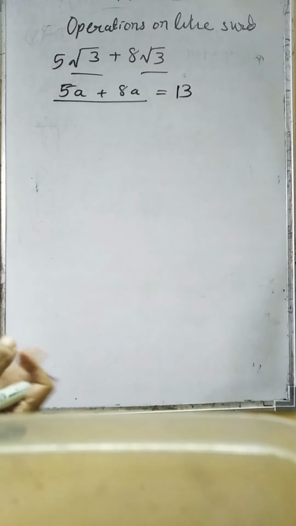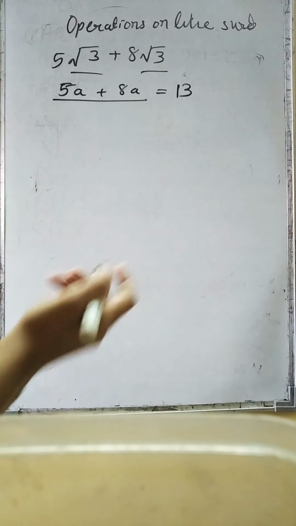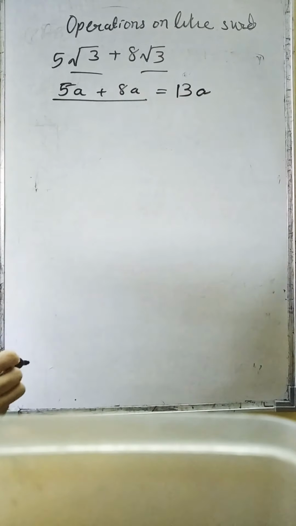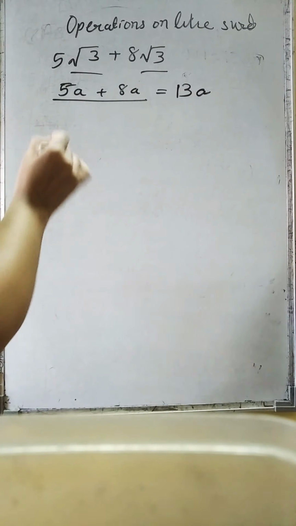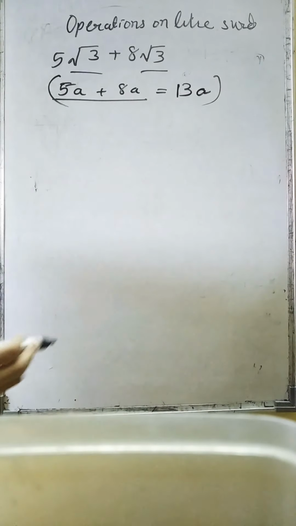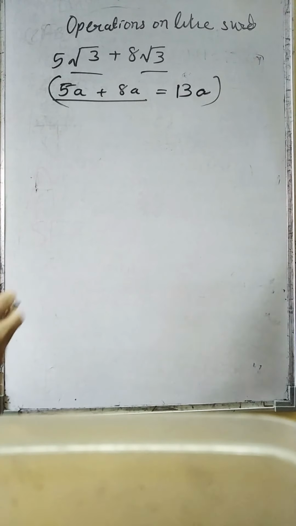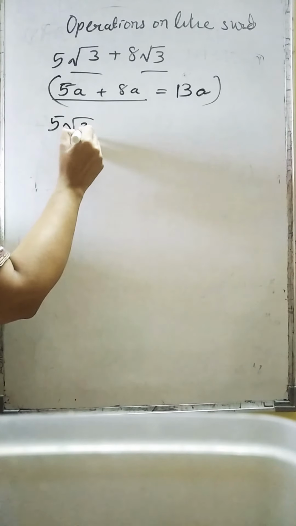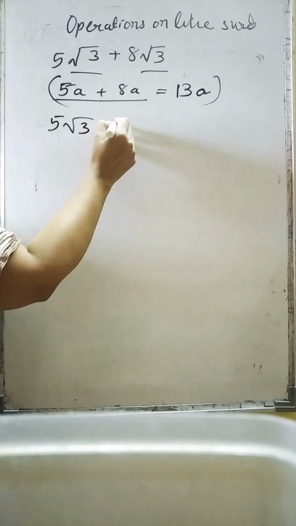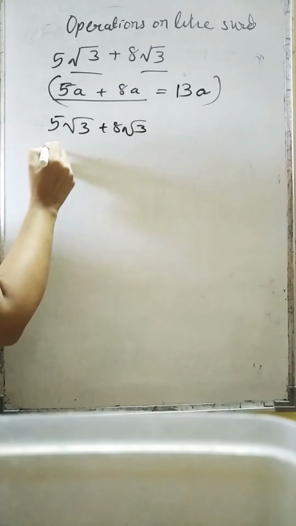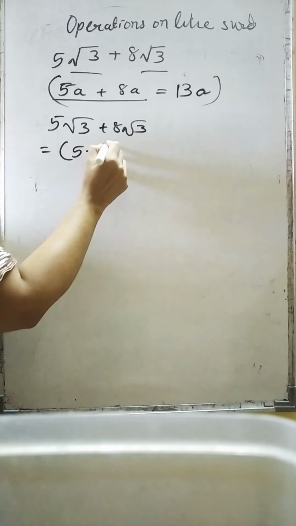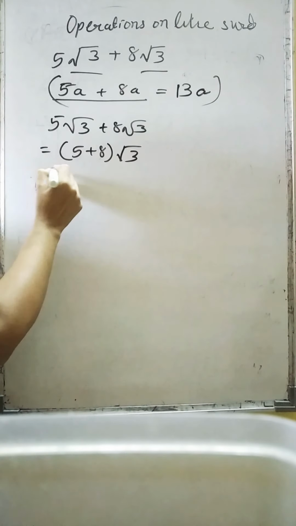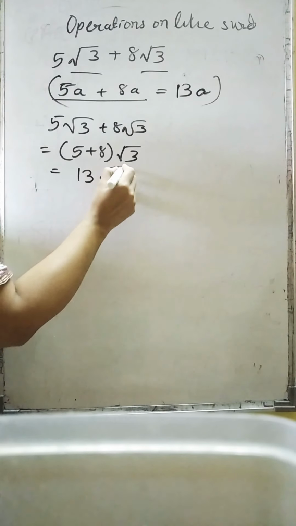It's like 5 apples plus 8 apples, so that is 13 apples. Right? So in a similar manner, as we have in algebra while solving algebraic expressions, 5 root 3 plus 8 root 3 is written as 5 plus 8 times root 3, that is 13 root 3.